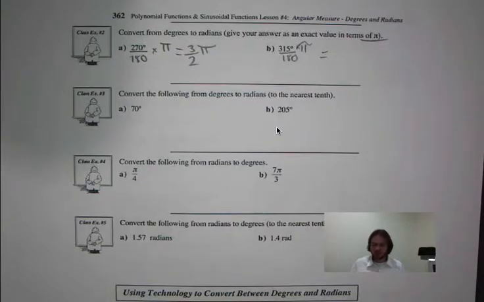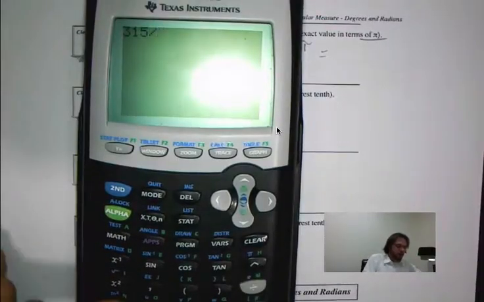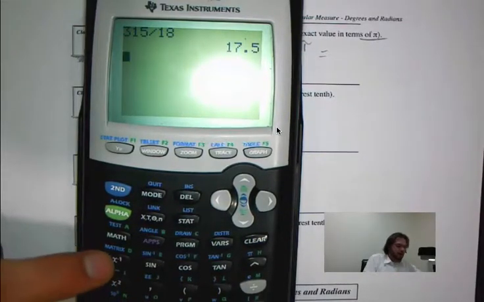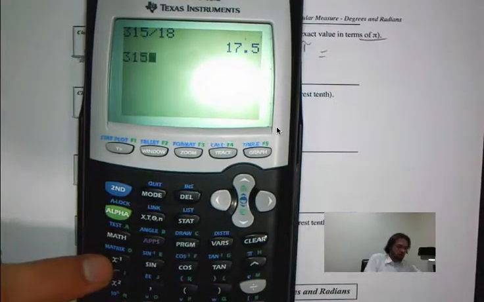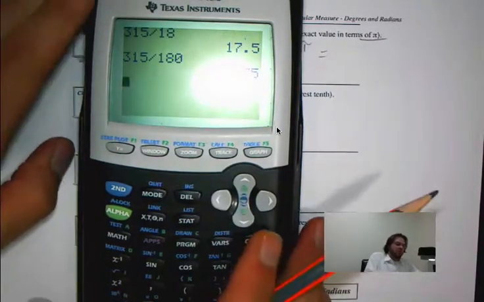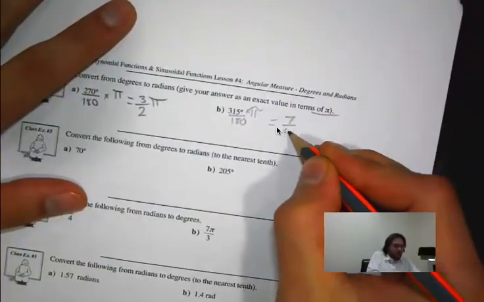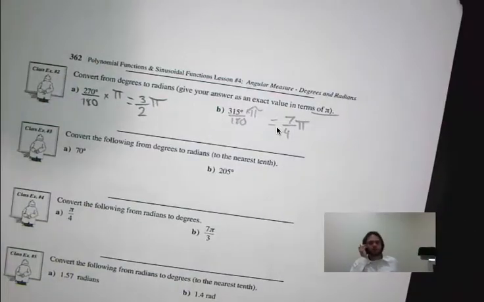So I'm just going to go quickly on my calculator. 315 divided by 180. And I'm going to multiply it. And that is the same as 7 over 4. So I was right. So we have 7 over 4 pi. Maybe even in terms of pi.